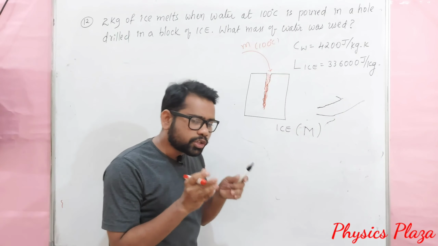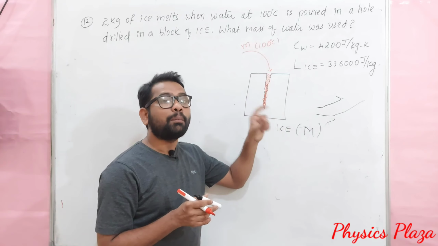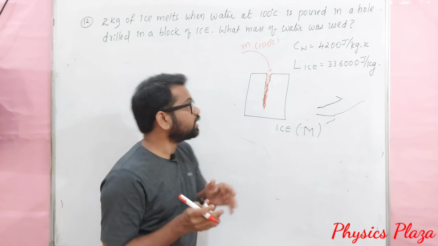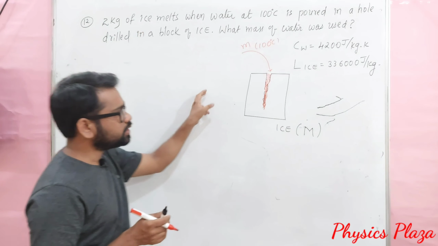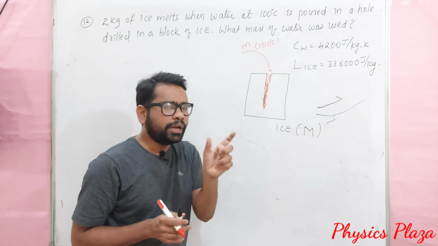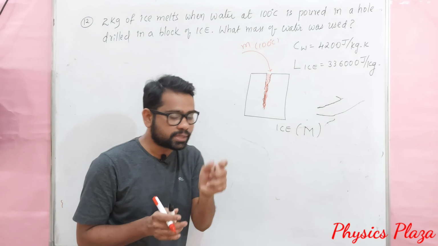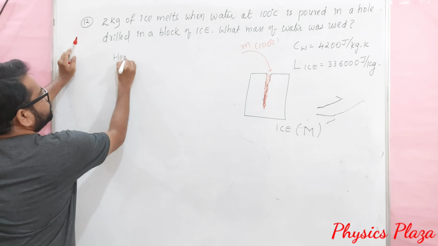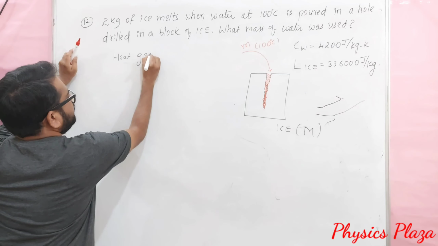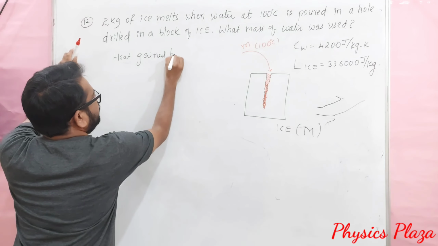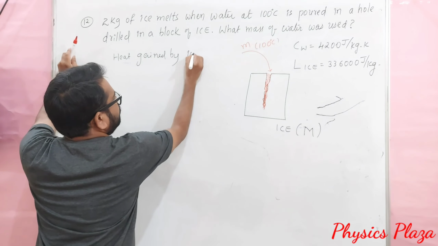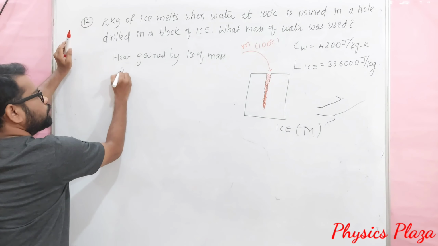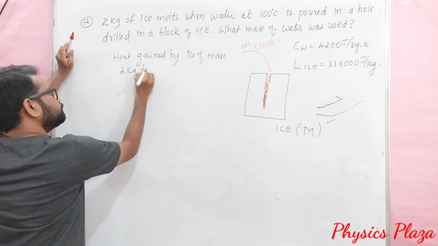First let us calculate the heat gained by the ice. But how much mass should we take? 2 kg is given. So out of the whole mass M, only 2 kg melts. So let us calculate the heat gained by ice of mass 2 kg to melt.